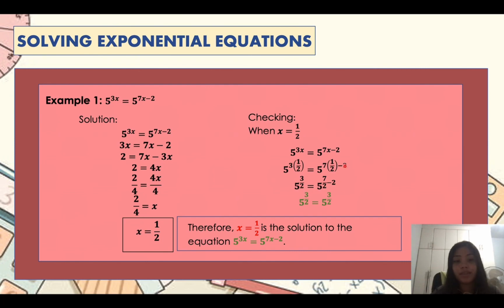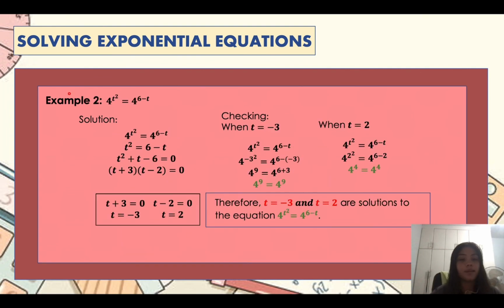Simplifying this part, we get the same result of 5 to the power of 3 over 2. Therefore, x equals 1/2 is the solution to the equation 5 raised to the power of 3x is equal to 5 raised to the power of 7x minus 2.